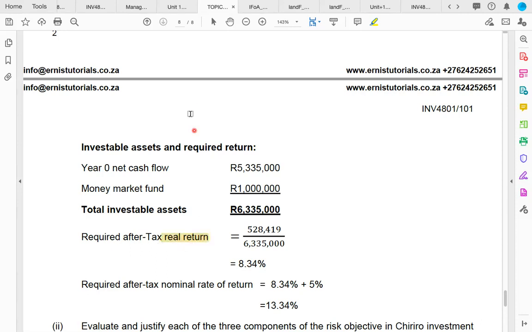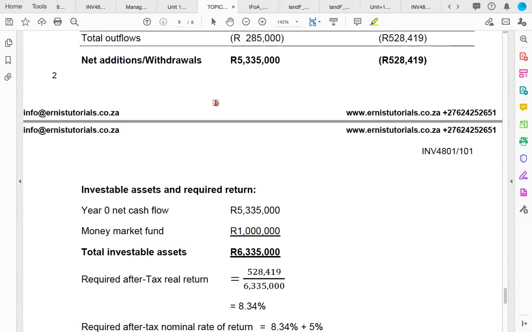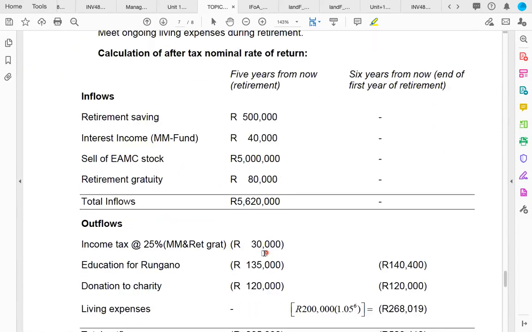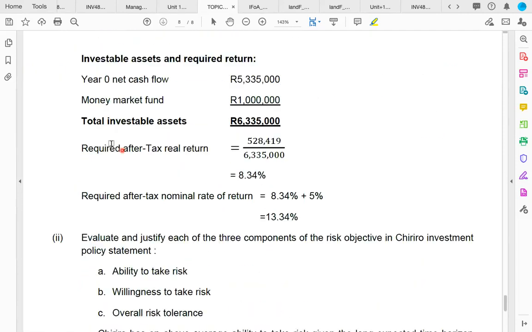So it's after tax because we removed the tax expense, and it's the real rate because we haven't factored in inflation, right? So to get the required after tax nominal rate of return, like I said previously, we take our real rate, which is what we just calculated, and then we add inflation.